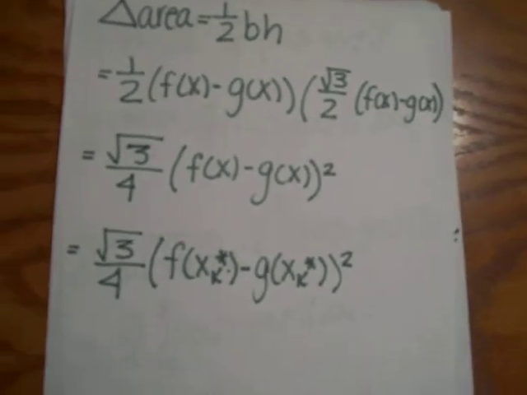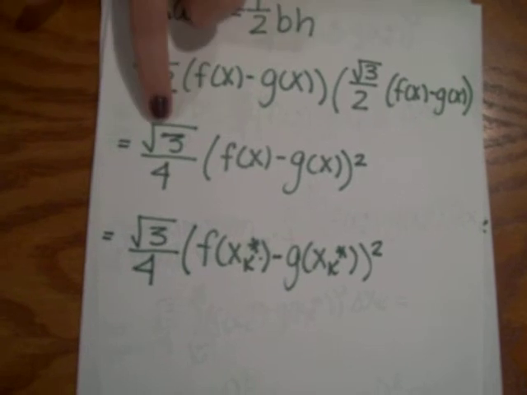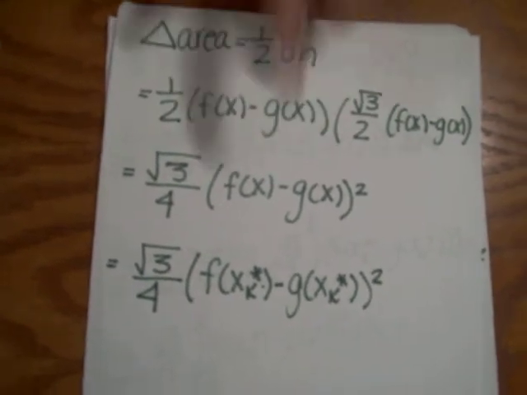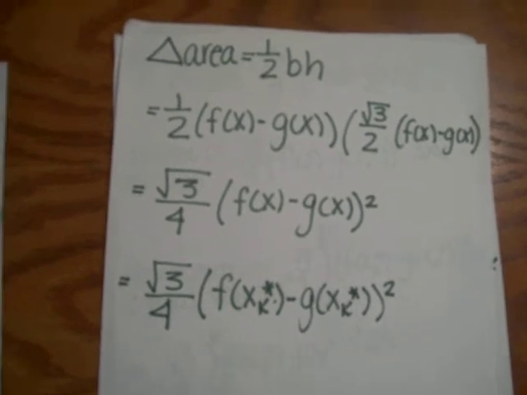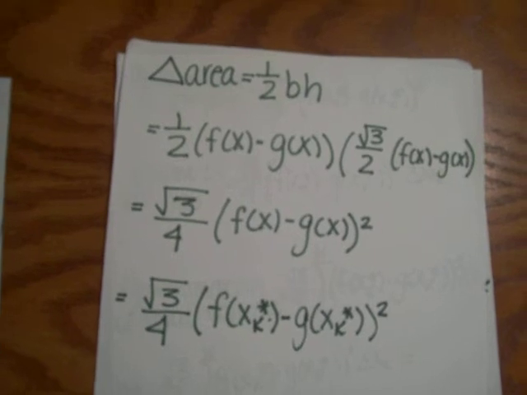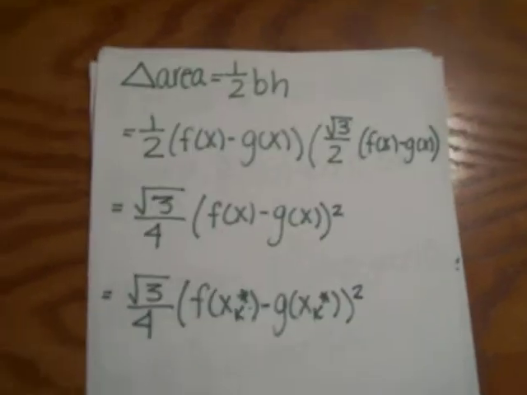In order to simplify the equation, we multiply it out, resulting in the equation area equals root 3 over 4 times the quantity f of x minus g of x squared. The root 3 over 4 comes from multiplying 1/2 times root 3 over 2. F of x minus g of x squared comes from multiplying the quantity f of x minus g of x times itself.